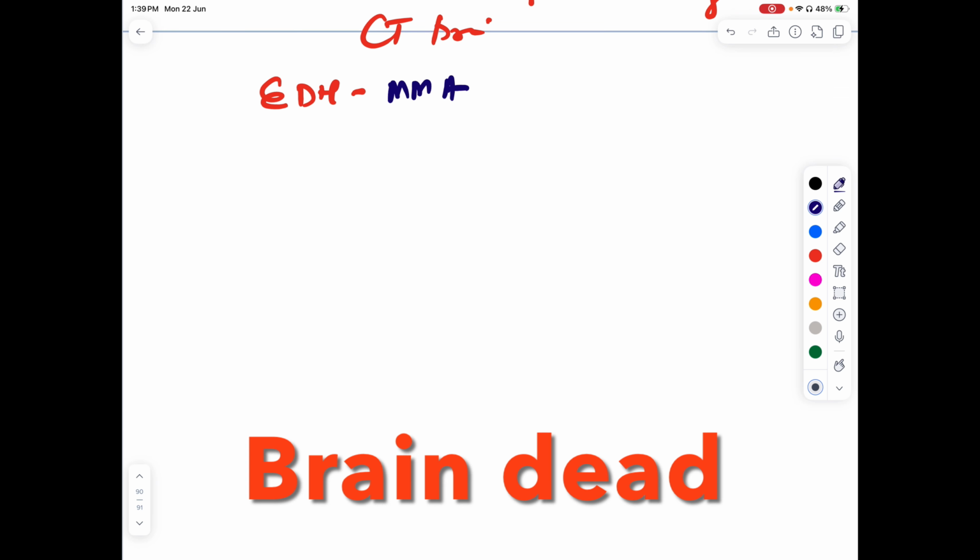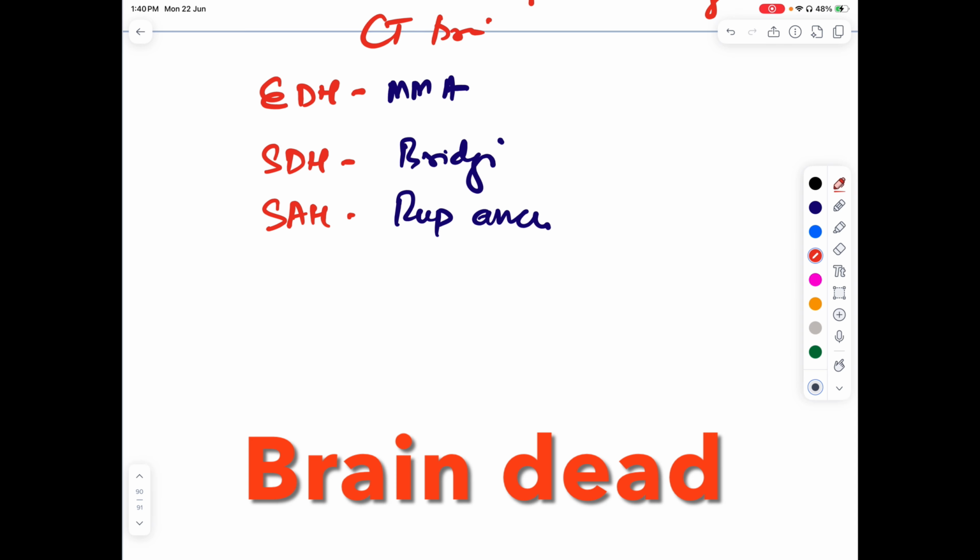Subdural hematoma is caused by bridging veins, in old age, and it is crescent shaped. Subarachnoid hemorrhage is from rupture of an aneurysm. Intraventricular hemorrhage is generally in babies.